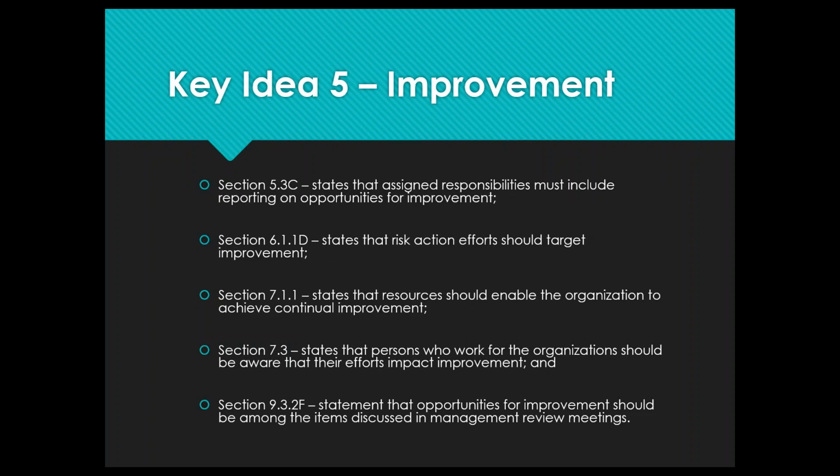In 5.3c, it says that your responsibilities have to include reporting on improvement opportunities. 6.1.1 says that risk actions should target improvement. 7.1.1 says that resources have to enable you to achieve improvement. 7.3 says that people that work for the organization should be aware of the impact they have on improvement. And then finally, 9.3.2 states that opportunities for improvement should be among the things discussed within management review.